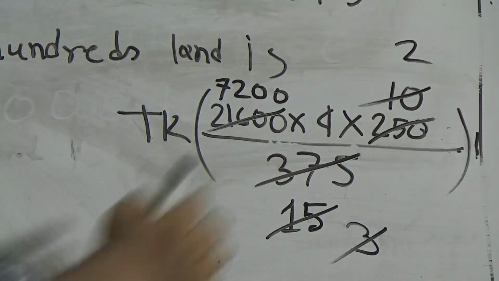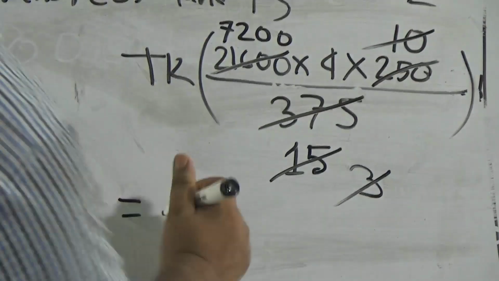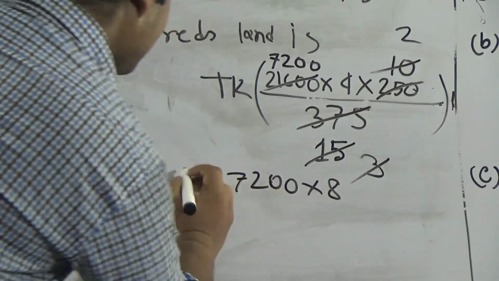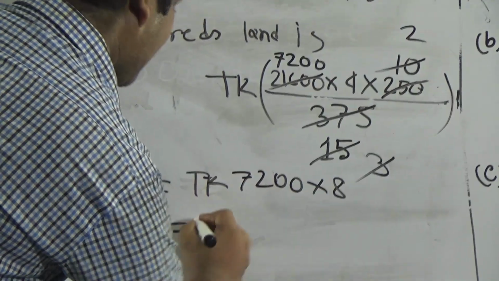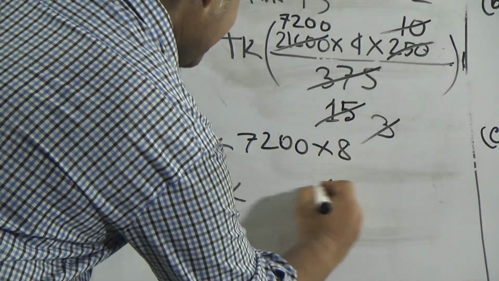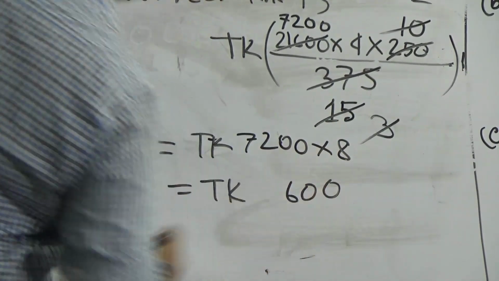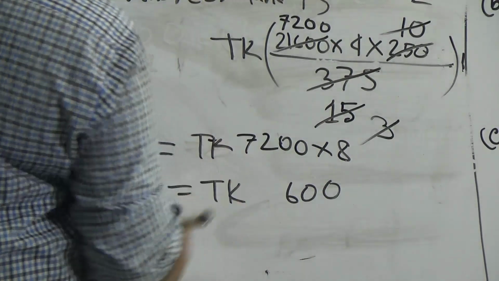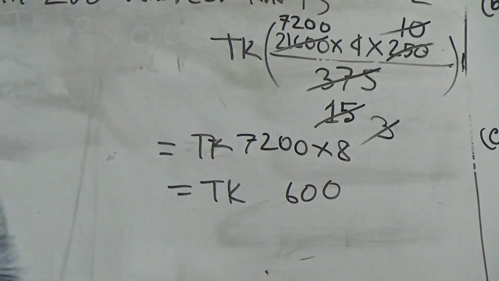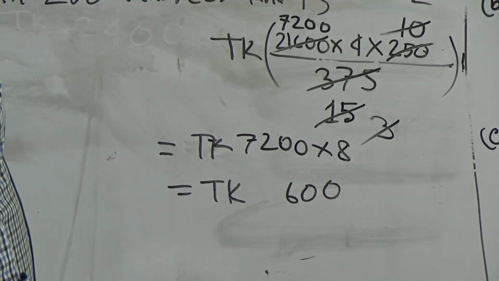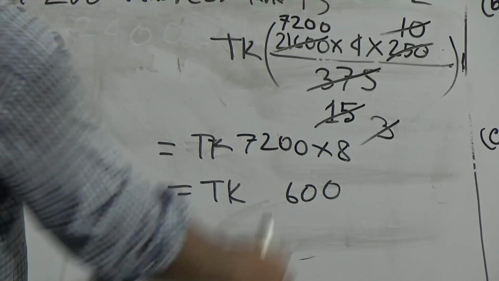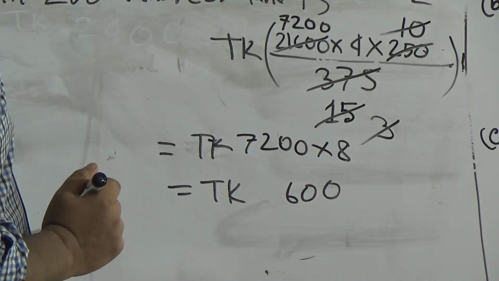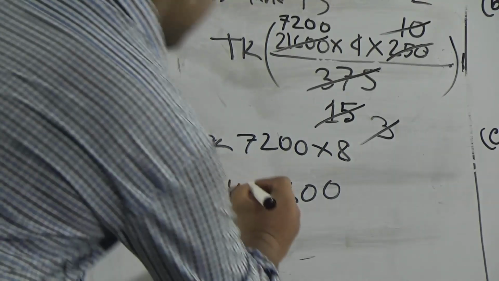Now we multiply. 4 2s are 8. That means 7200 multiplied by 8 taka. 8 2s are 16 carrying 1. 8 7s are 56, 56 and 1, 57.